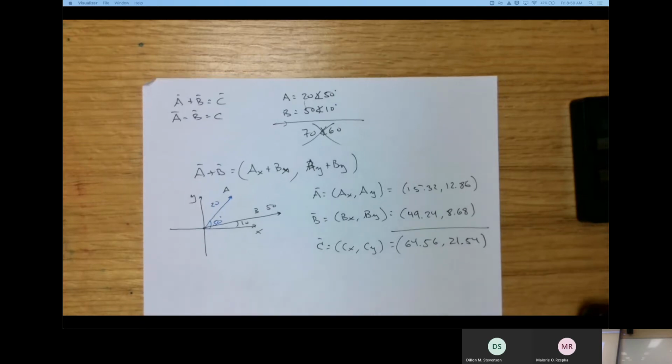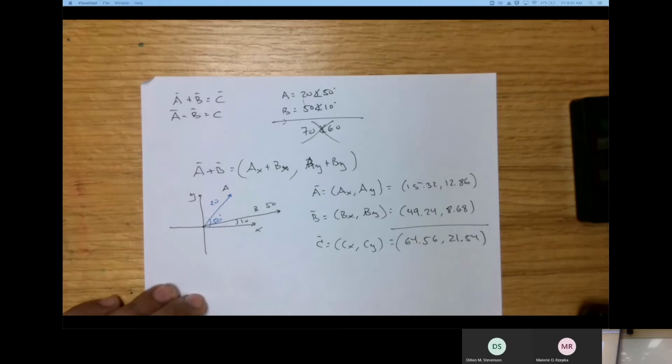Now we need to find the magnitude and direction of C. The magnitude of C will be the square root of 64.56 squared plus 21.54 squared. This is 68.06. You want to be to the second decimal.